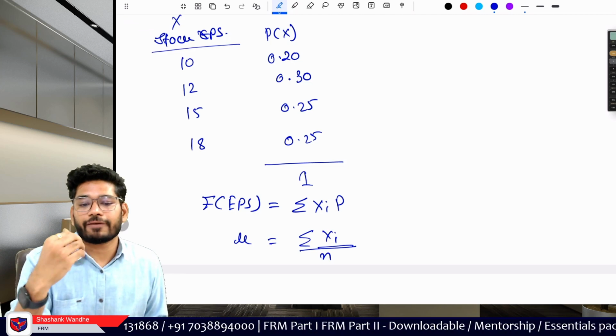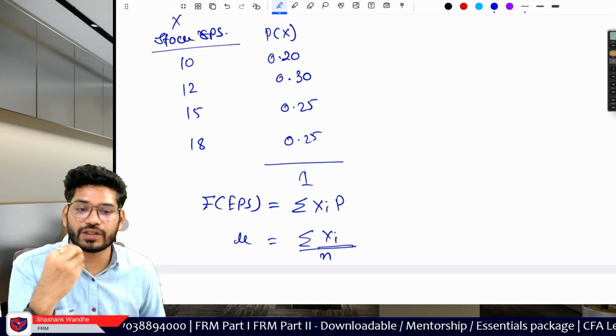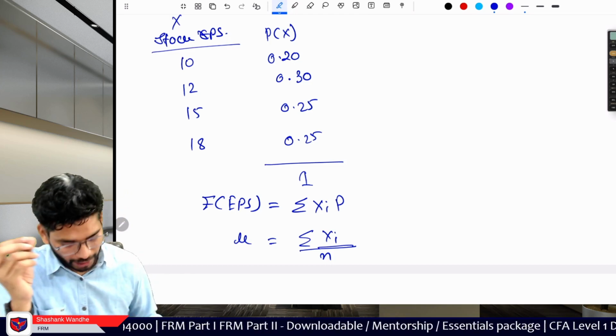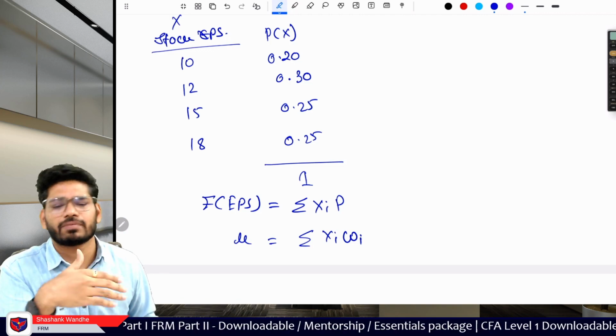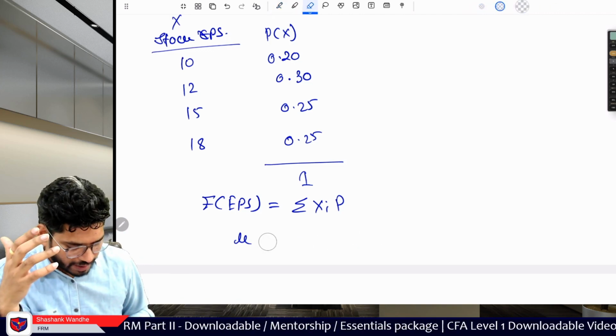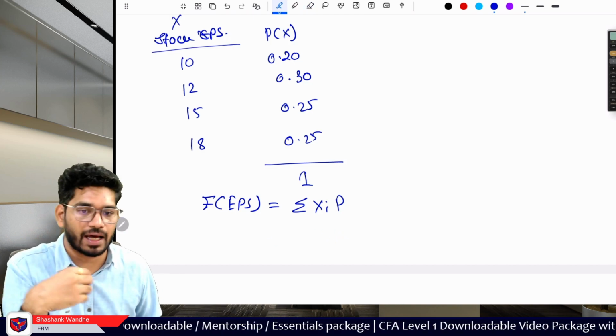So here, if you use n as the proportion, the weight of the n, then you can again use the formula like this, even in the mean's case. But here we don't need to bother about it. We will simply focus on this particular discussion, the expected value of x, or simply the EPS in our case.